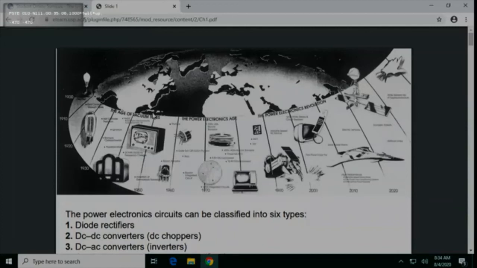Aircraft components, yes. There are a lot of aircraft components. Pilot control: the pilot just presses buttons and the wings are moving. It's all power electronics.